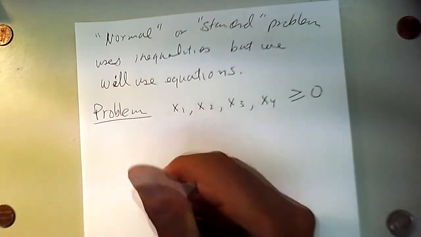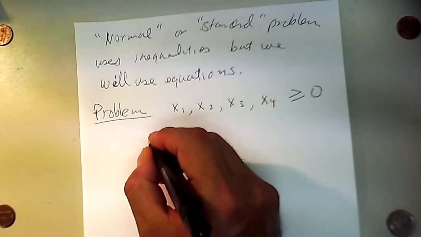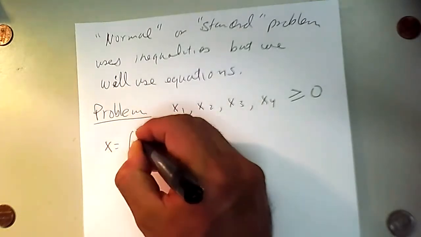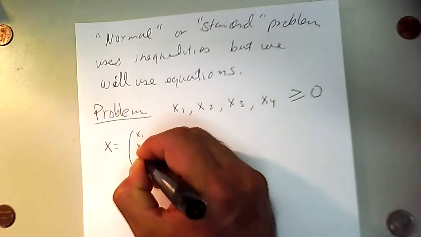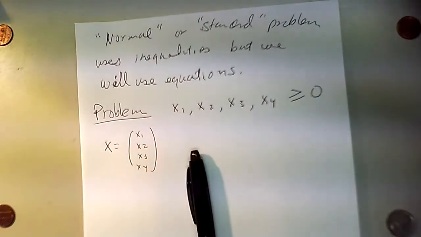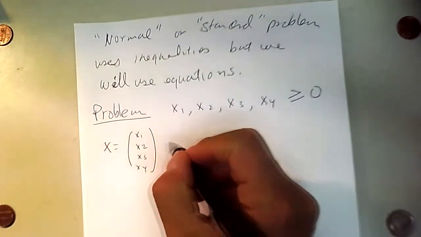We will have a matrix equation. By the way, x will be the column vector x1, x2, x3, x4. So that would be x, a vector x.